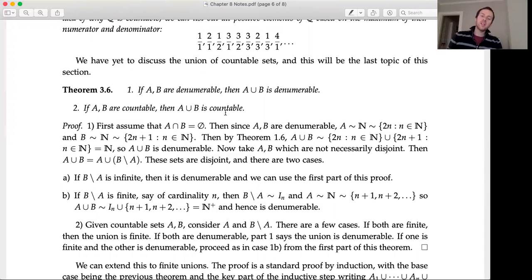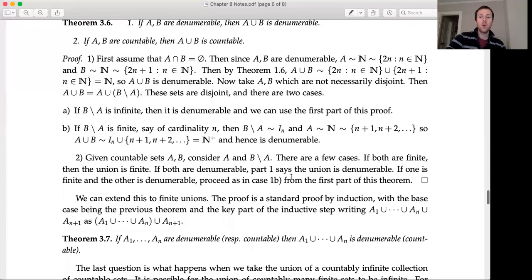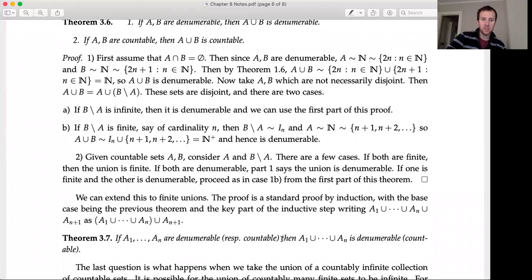What happens next, though, is we would like to extend this to saying if you union more sets which are denumerable, like if you union 5 sets that are denumerable, the union is also denumerable. And that step is actually a proof by induction.